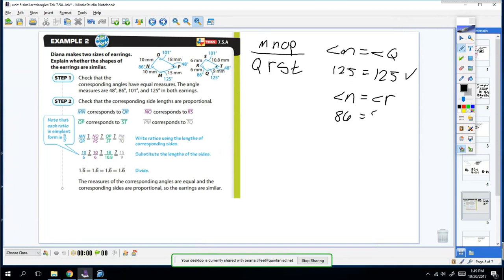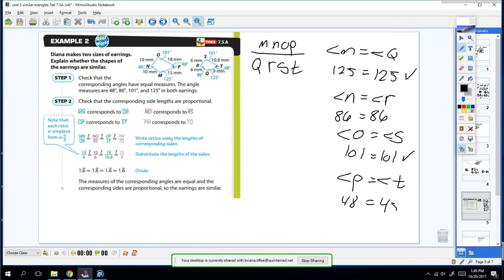Angle R is 86 as well. Angle O goes with angle S. Angle O is 101. Angle S is 101. Last one, angle P is equal to angle T. Angle P is 48, and angle T is 48. So that means all the corresponding angles equal each other. So the first step is done.